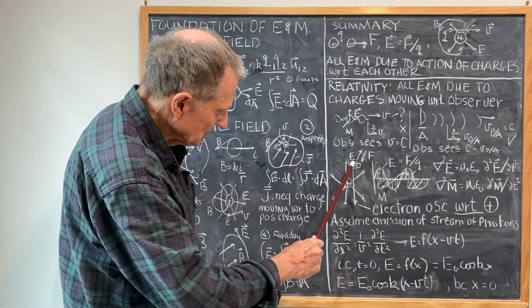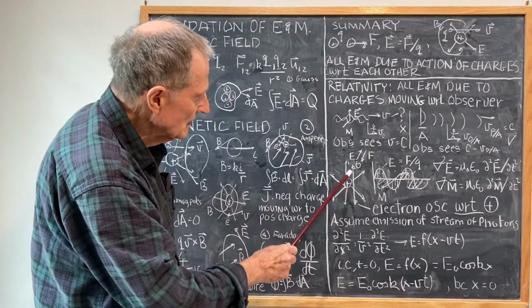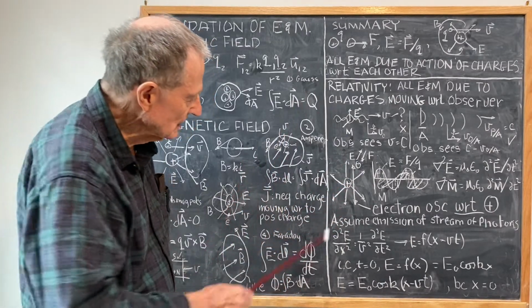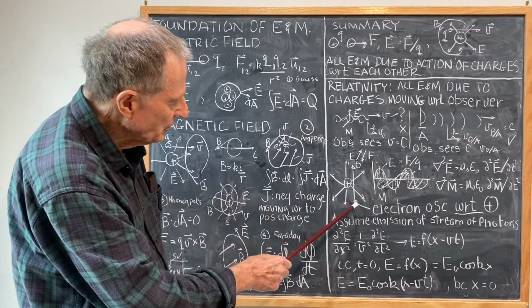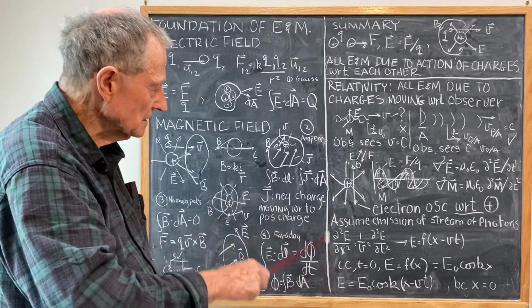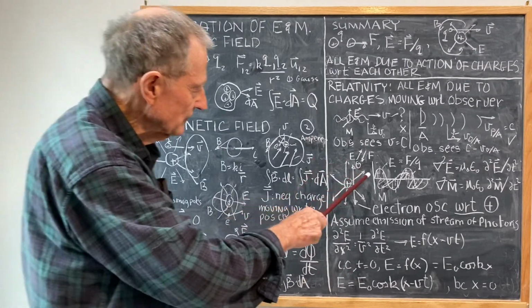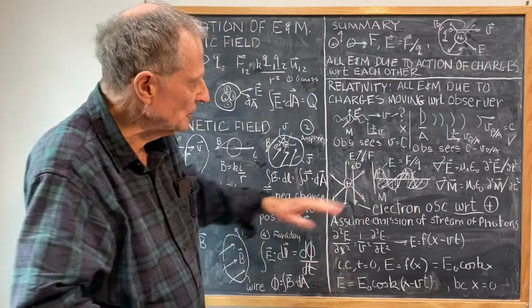Then as it comes down, it's right next to it, and there is no component in the positive direction. Then it comes down here, and now the electric field is pointing in the opposite direction. So as this oscillates, the electric field oscillates.